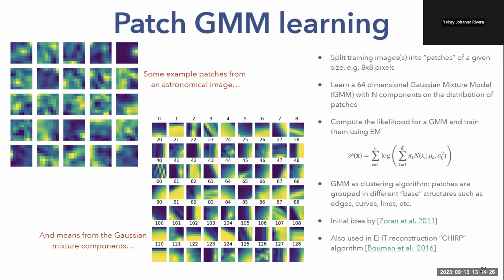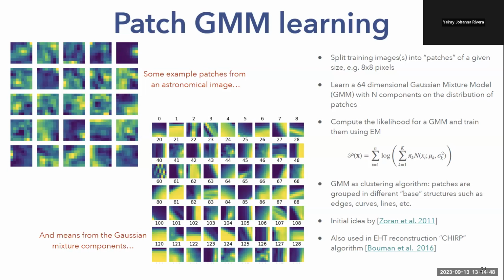In this case, the Gaussian mixture model basically works as a clustering algorithm. This now shows an example Gaussian mixture model that was trained on this set of patches. And what you can see is that it groups these patches into clusters. Those clusters typically represent base structures in an image.